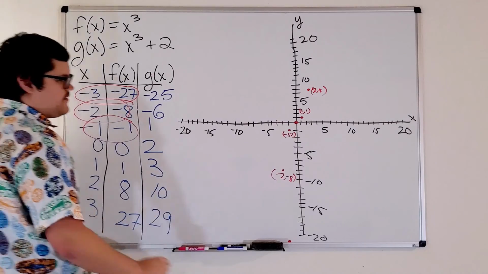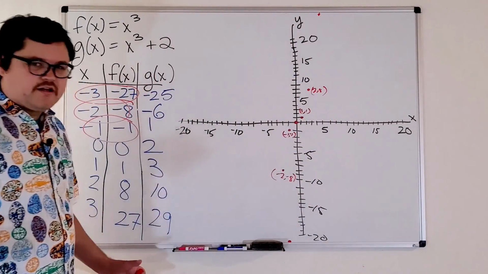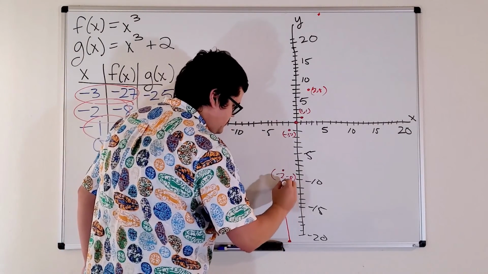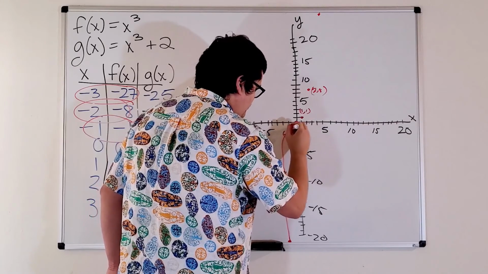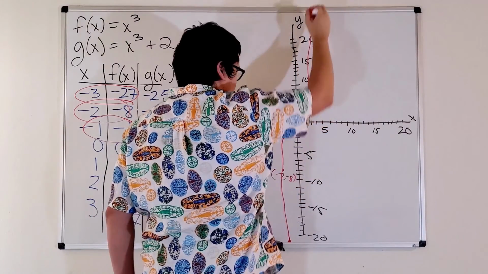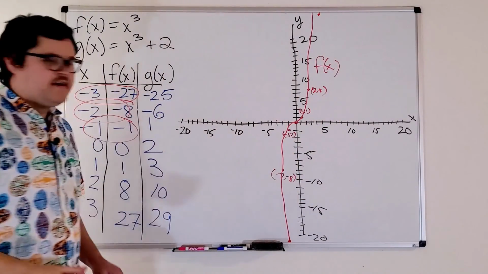And 3, 27. Okay, so it's up there. Connect the dots. This is the graph of f of x.